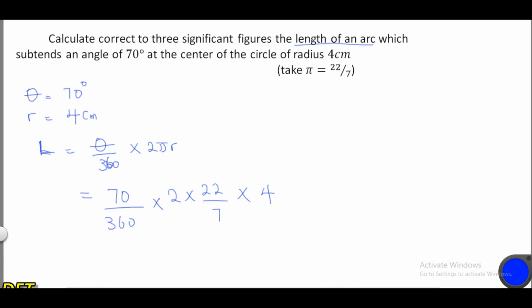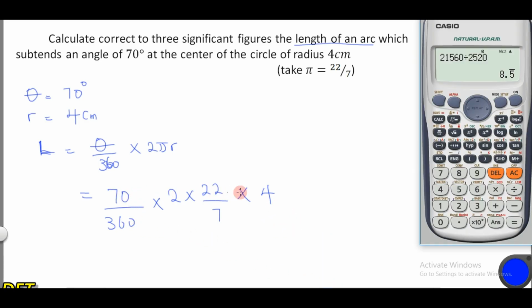So if I bring out my calculator, I'll just multiply all the numerators. So this will be 70 times 2 times 22 times 4. That will be equal to 12,320.